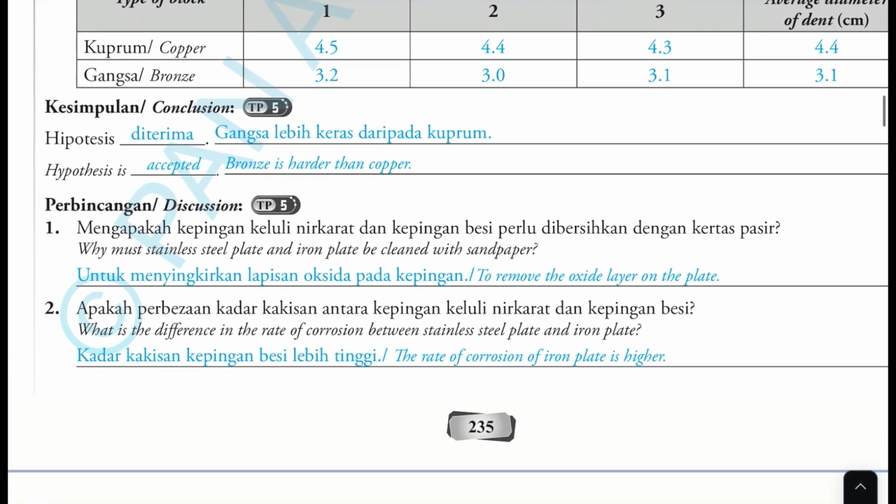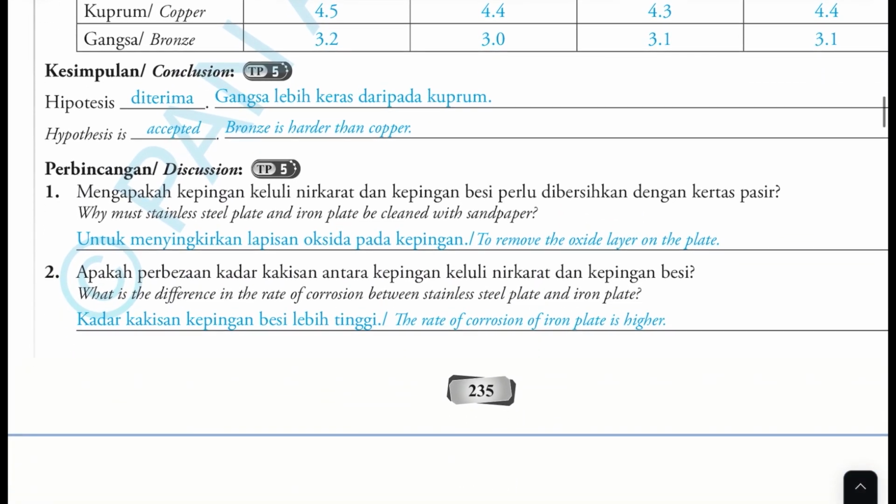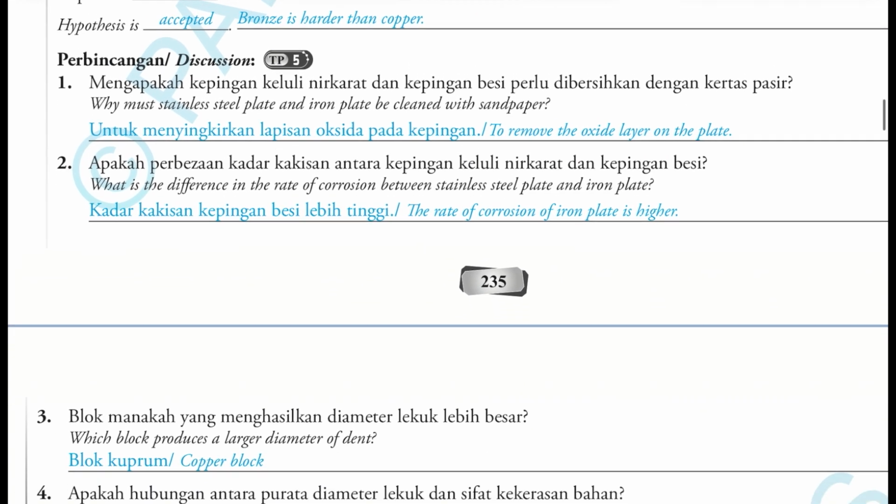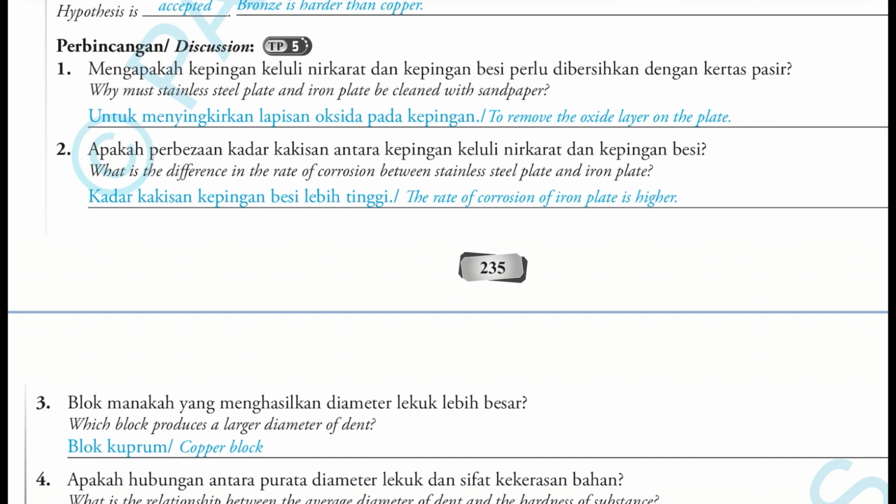Alright, discussion. Why must we use stainless steel plate and iron plate be cleaned with sandpaper? Kenapa kita perlu bersihkan stainless steel plate dengan iron plate dengan kertas pasir? Why? To remove the oxide layer on the plate. What is the difference in the rate of corrosion between stainless steel plate and iron plate?